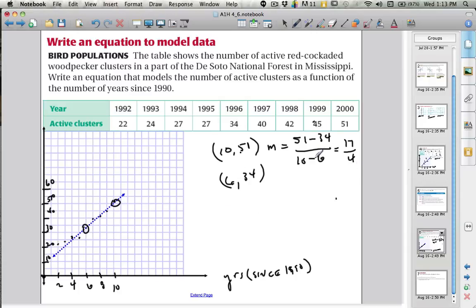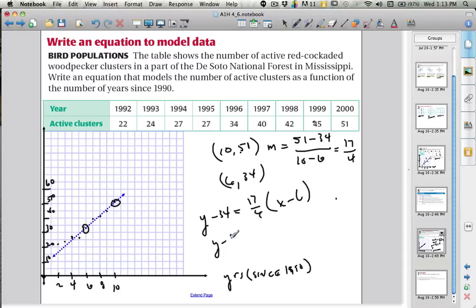This is going to get a little messy. I might just call that 4, but I don't want to mess with my data too much. Okay, so if I now use point slope, y minus 34 is equal to 17/4 times x minus 6.